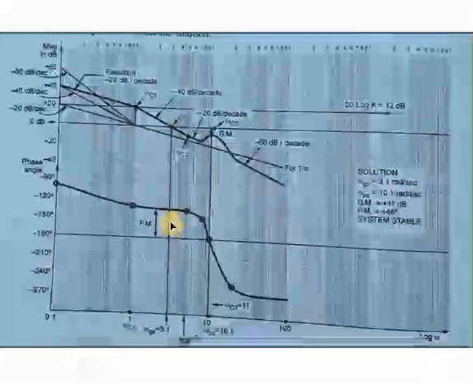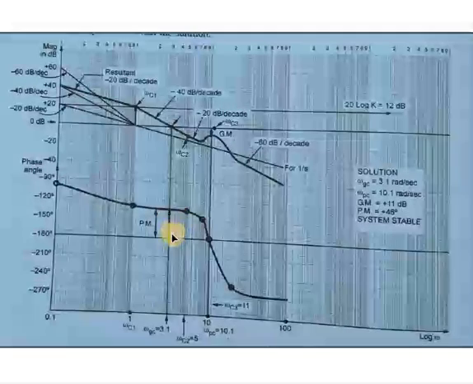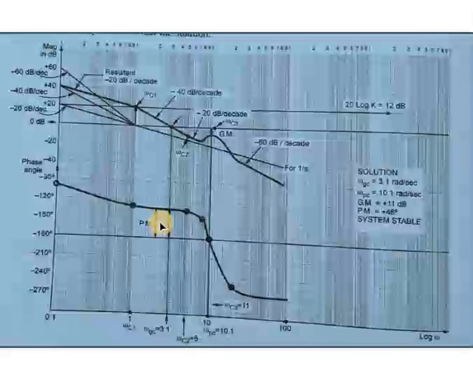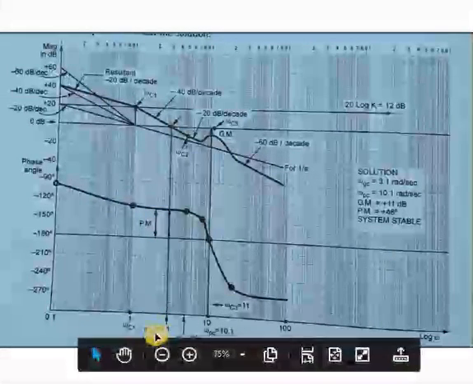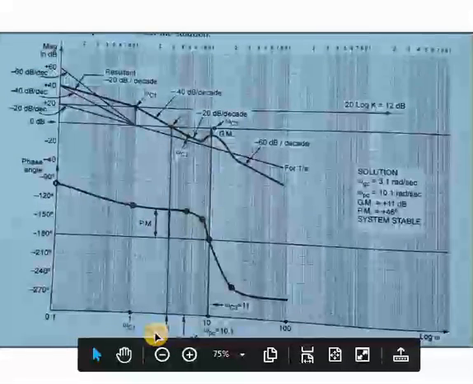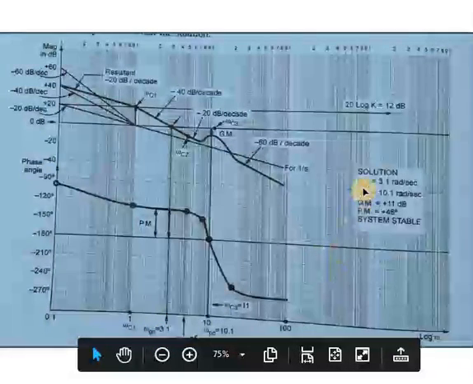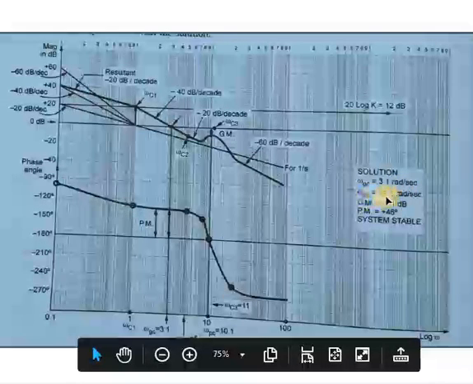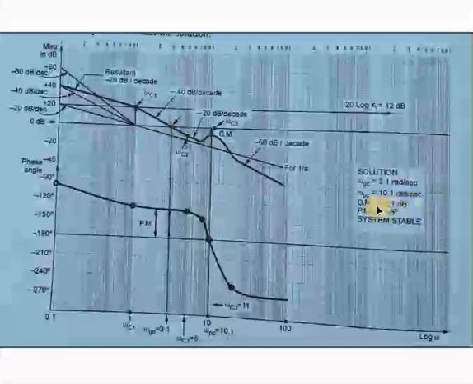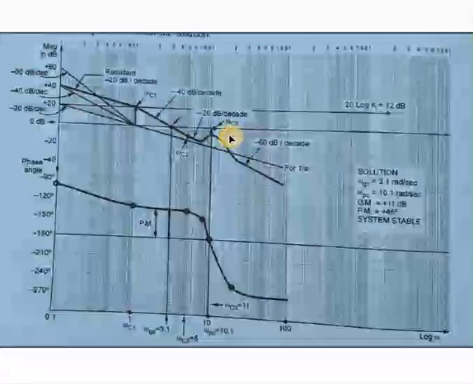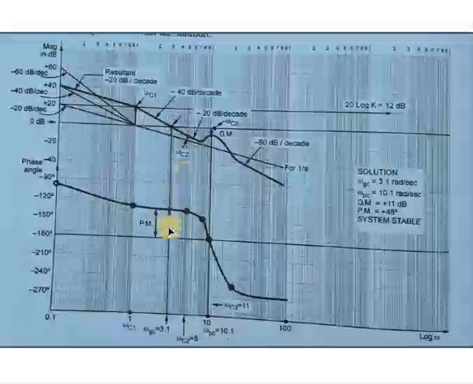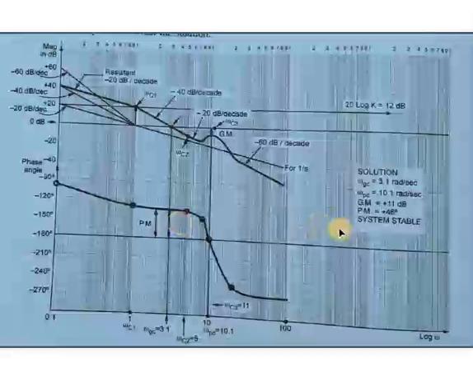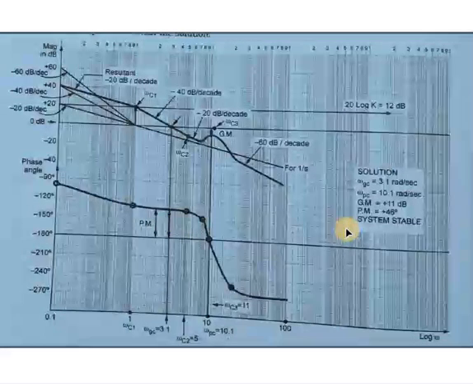The distance between this phase plot and this 180 degree line will be the phase margin, and the respective frequency will be gain crossover frequency, that is omega GC. So in this case, your omega GC is 3.1 radian per second, omega PC is 10.1 radian per second, gain margin is 11 dB and phase margin is 46 degree, and the system is stable.